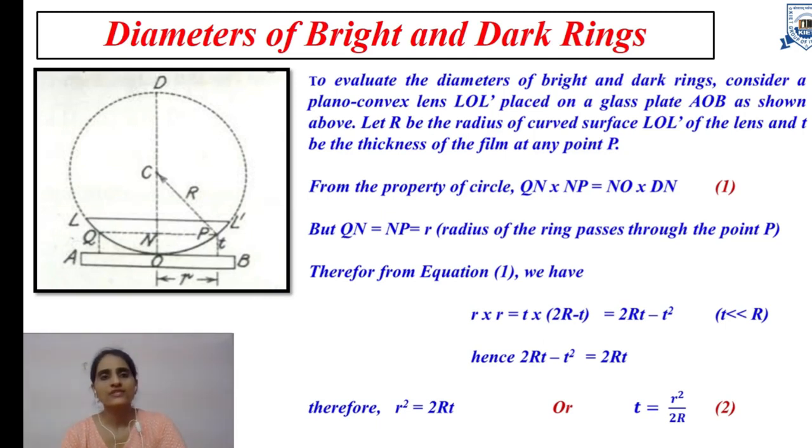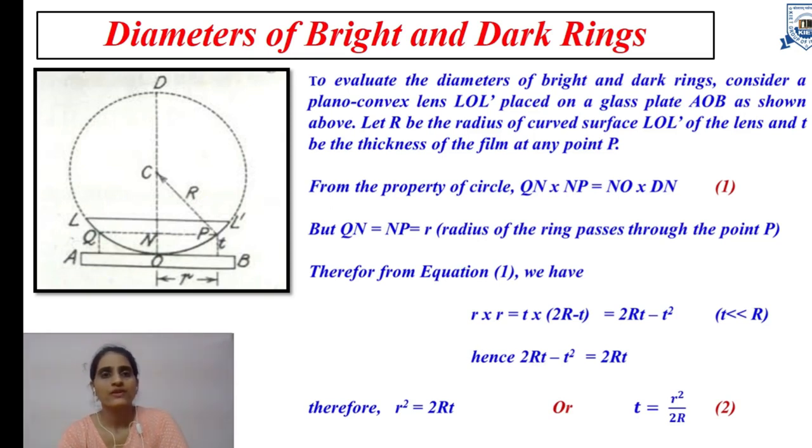As in the Newton's ring experiment, we observe alternate dark and bright circular concentric rings having the center as dark, where the condition of destructive interference takes place.